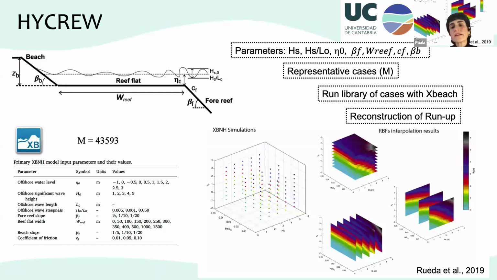So we introduced geometric parameters that define the slope, the width of the reef flat, the friction coefficient, and also the slope of the beach in order to define these multilinear interpolation techniques that allow us to reconstruct the run-up for other configurations based on these 7 parameters.